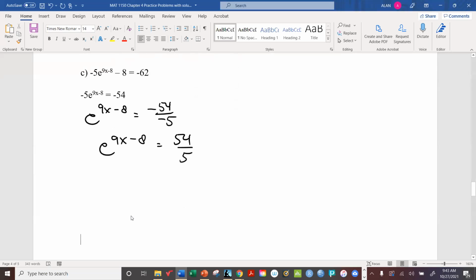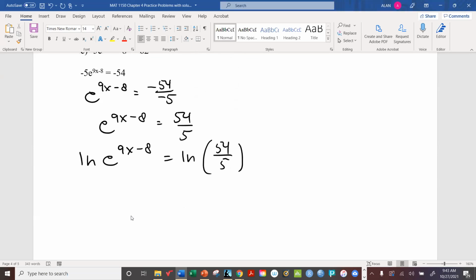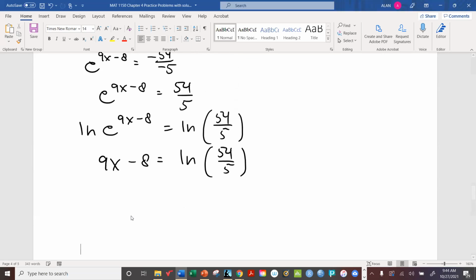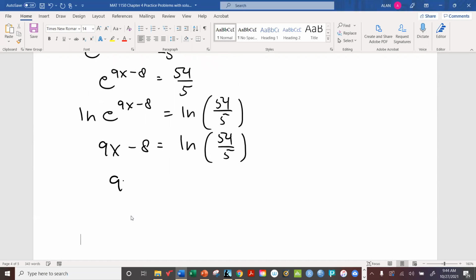So now we're going to take the log of both sides, natural log, I mean. And that means that 9x minus 8 is the log of 54/5, which means that 9x equals log 54/5 plus 8.